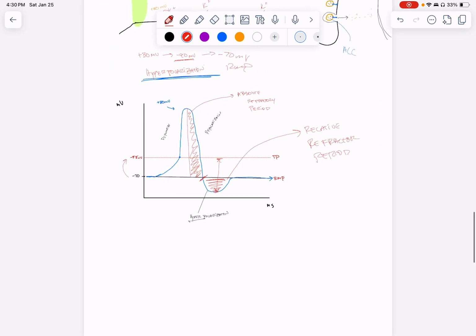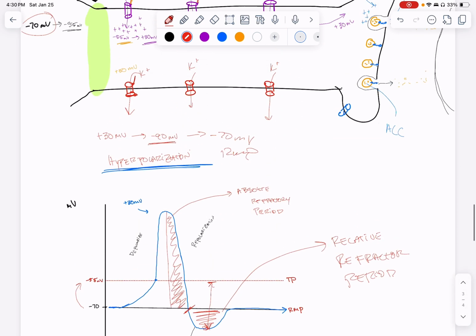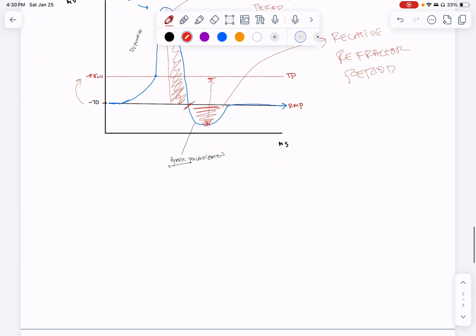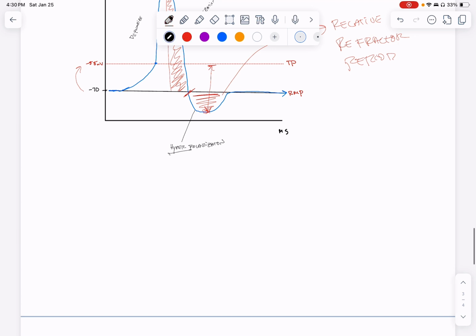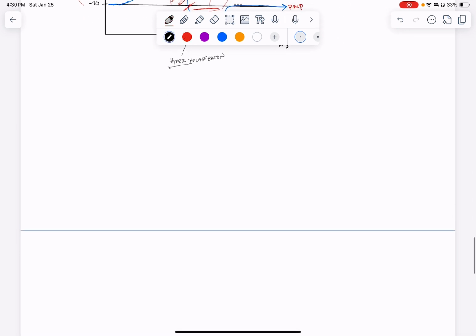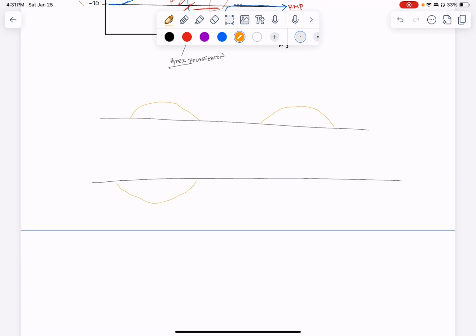Now, obviously this all happens very quickly, and there's a few things that can make it happen even faster. And that is what we call myelin. So like in an axon, here is our myelin sheath.